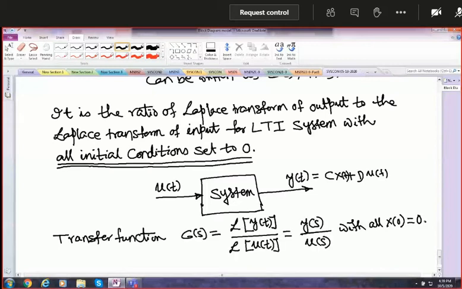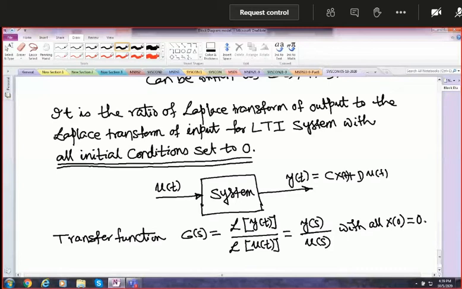All initial conditions are 0. The displacement, deformation, the momentum, whatever they are, in whichever domain, all initial conditions are 0. Then only it is a transfer function. Otherwise, it's not a transfer function.